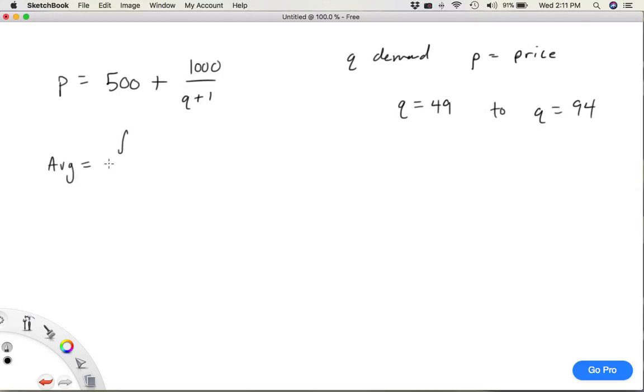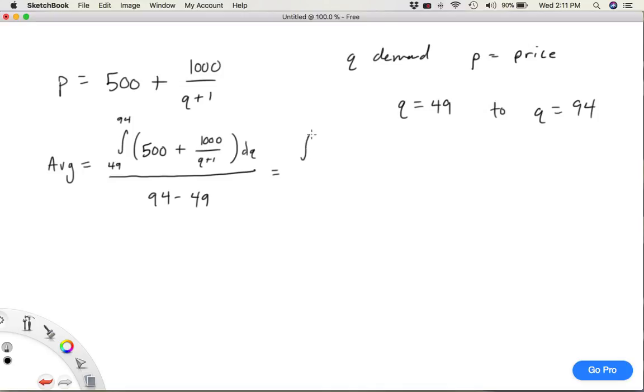So it's going to be the integral from 49 to 94 of this whole function over 94 minus 49. So really, the main problem is how do we do the integral? I'm going to rewrite it as 2 integrals again.